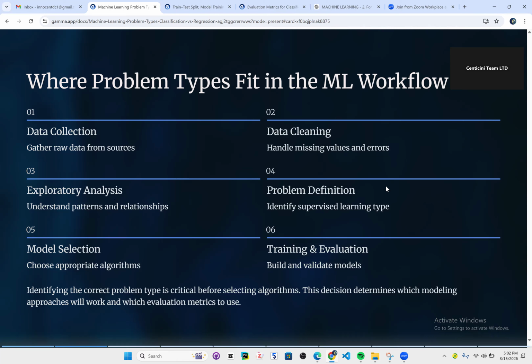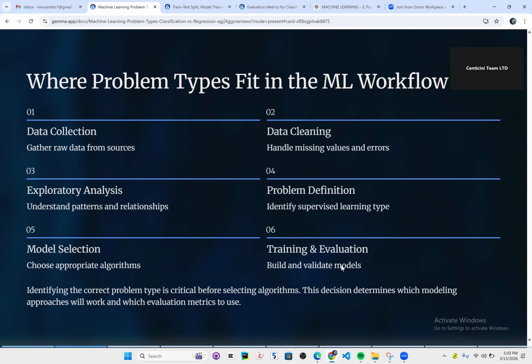And then from there, we move to problem identification, where we identify the supervised learning problem type and check how our model is being presented. Then we move to choosing the appropriate algorithm, that's the model selection we're going to use, and then we build and validate our model.